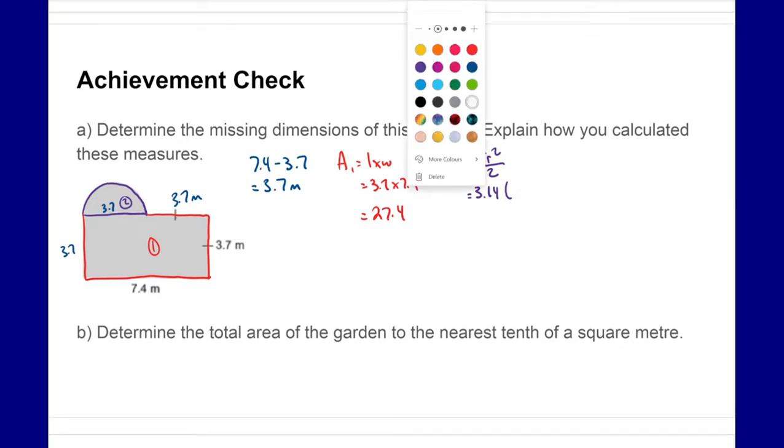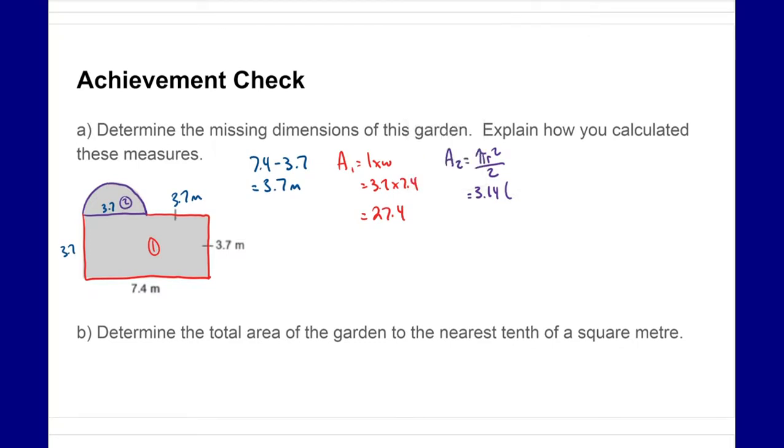Alright, we don't have the radius yet, but the radius is half the diameter. So the radius is equal to 3.7 divided by 2, which is 1.85. So the radius is 1.85. That will be squared. Then we divide everything by 2.